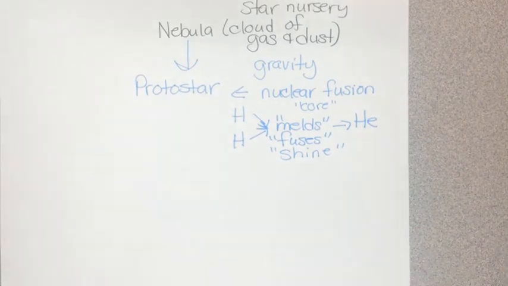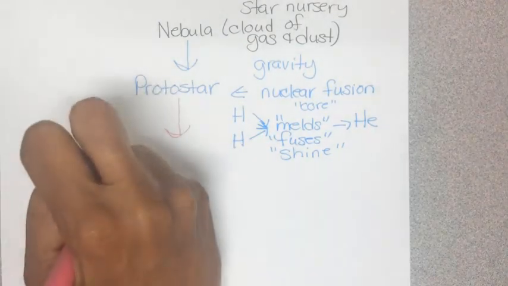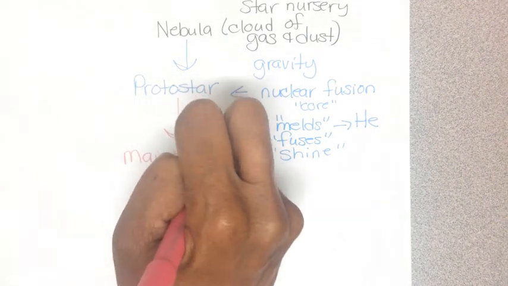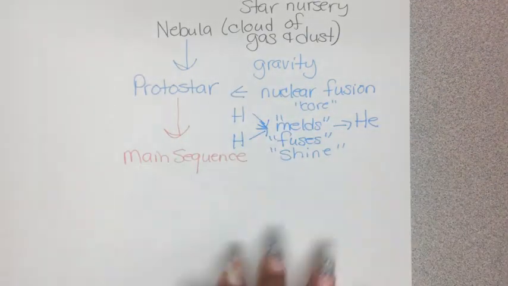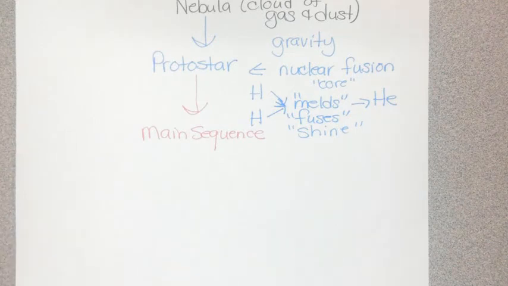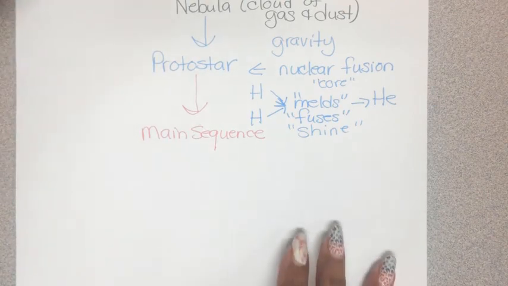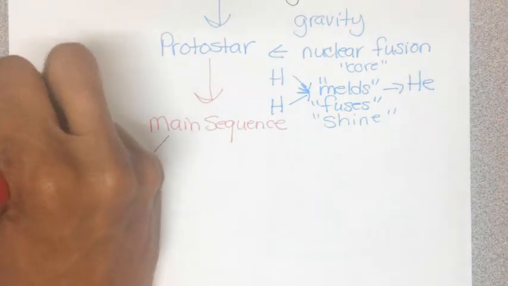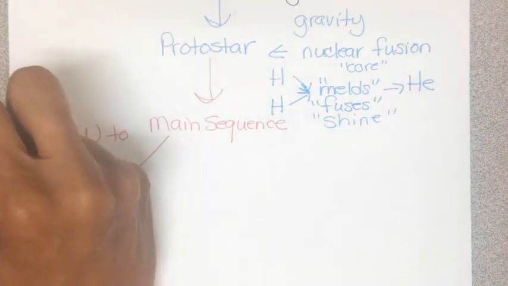After a protostar, all stars go into the main sequence. Now, this is where the mass will determine the life cycle of the star. We're going to look at what a low mass star does and what a high mass star does. Over here we have low to medium mass.